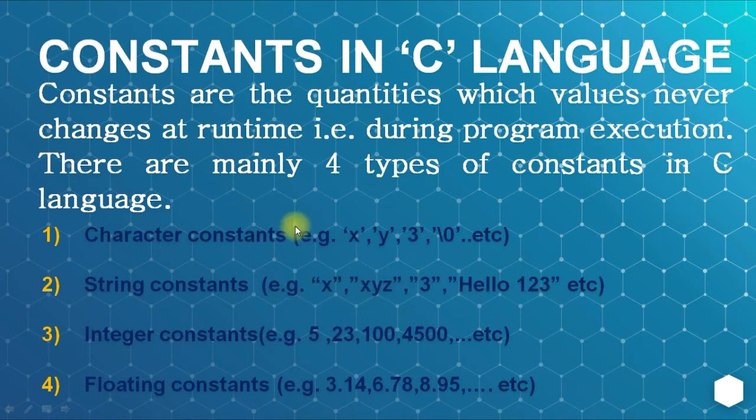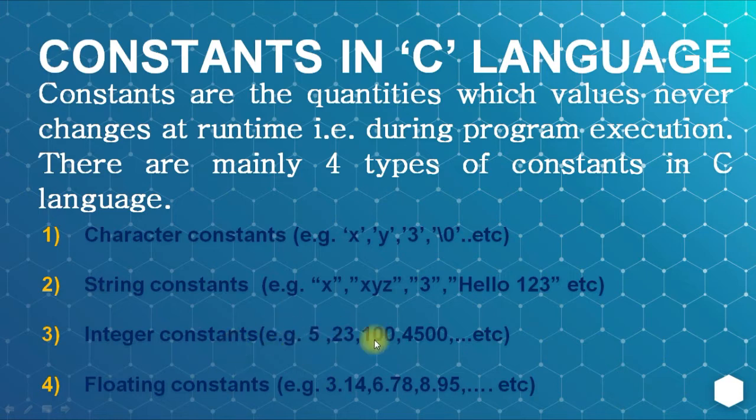If a single alphabet or single digit is enclosed inside single quotes, it is a character constant. Similarly, if single or multiple alphabets, digits, or both are enclosed inside double quotes, they are called string constants.